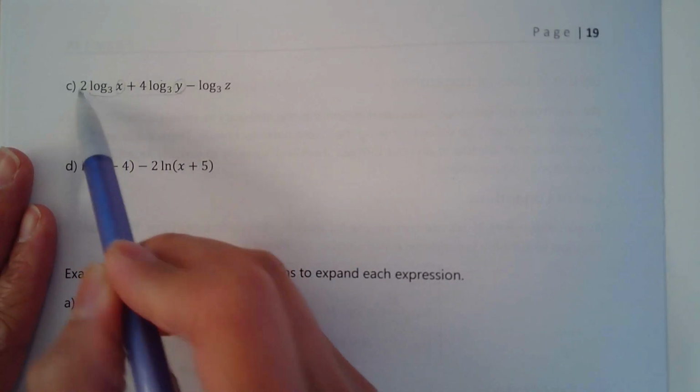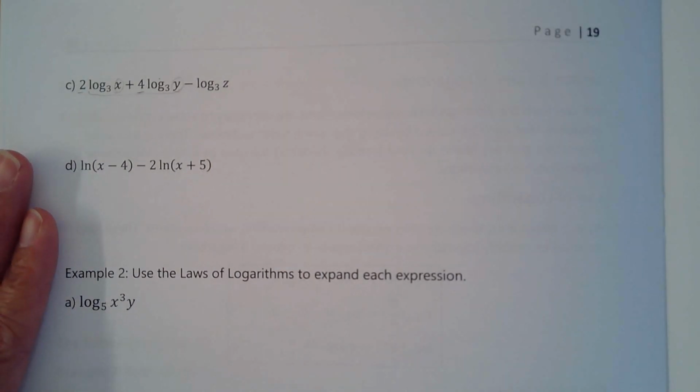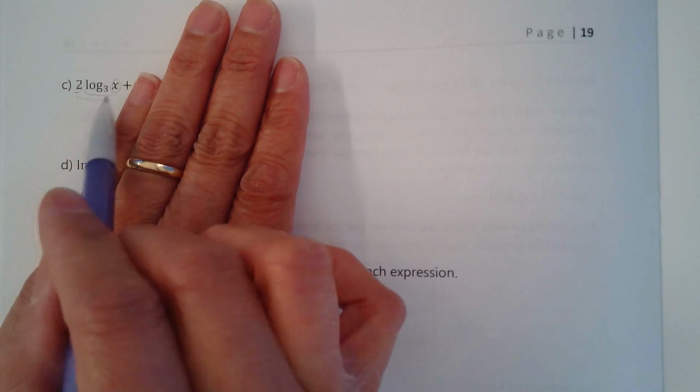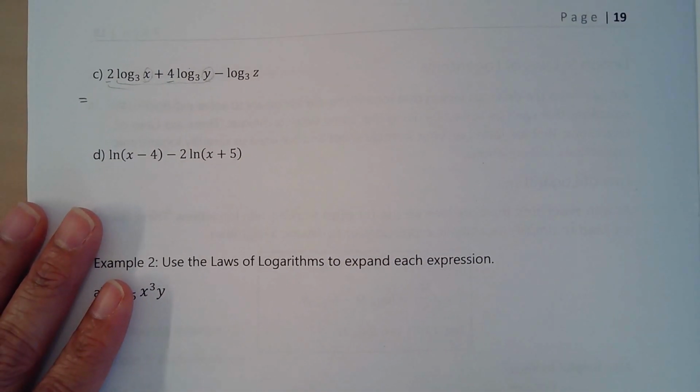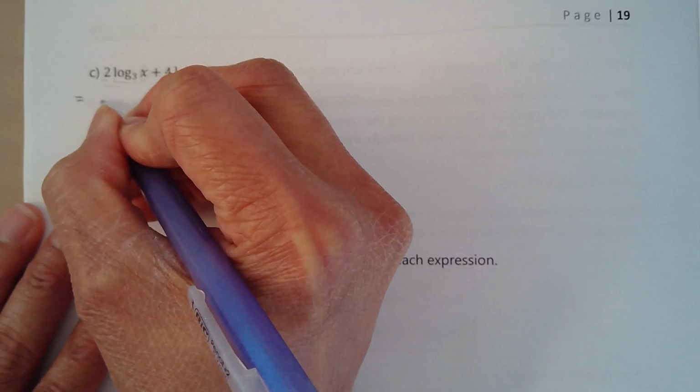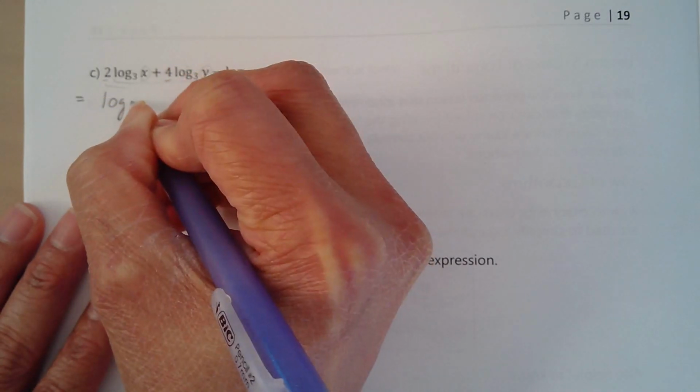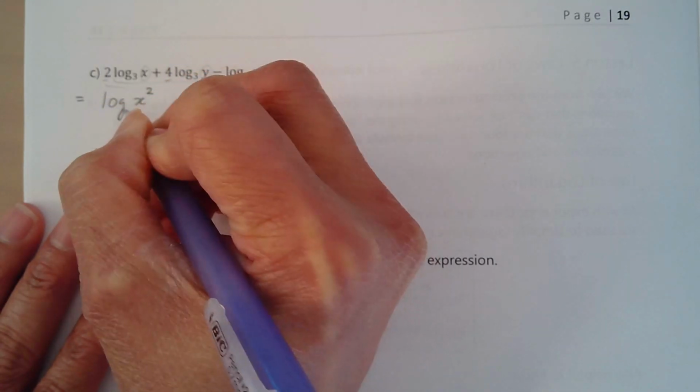Another thing too is this part here. If you look at this piece over here, this is the same thing. I'm going to write it at the bottom so it's easier to see. This is the same thing as log of x squared base 3.